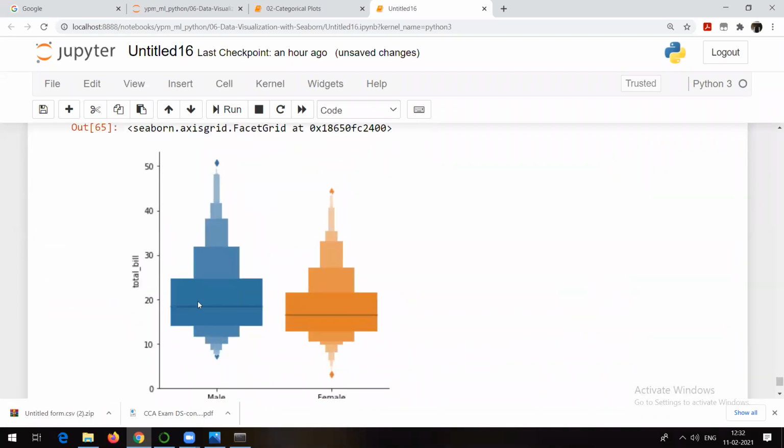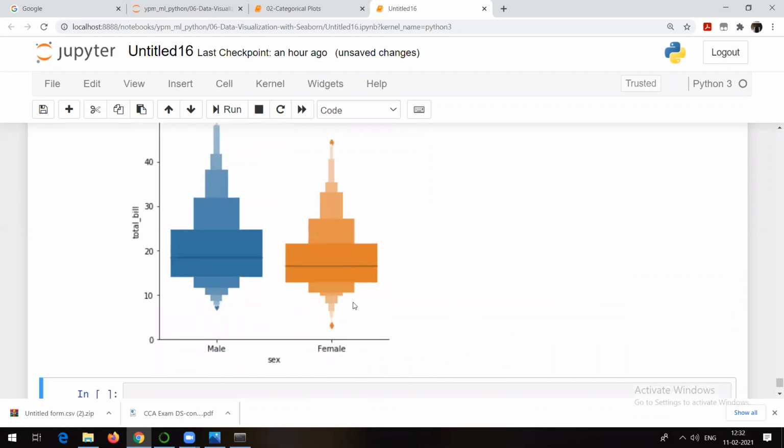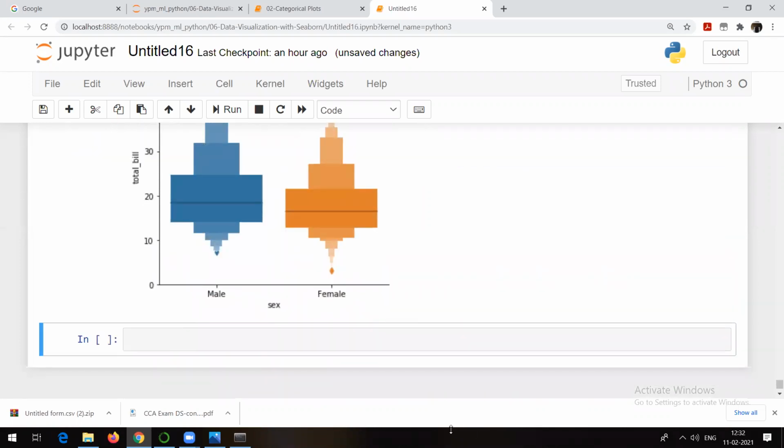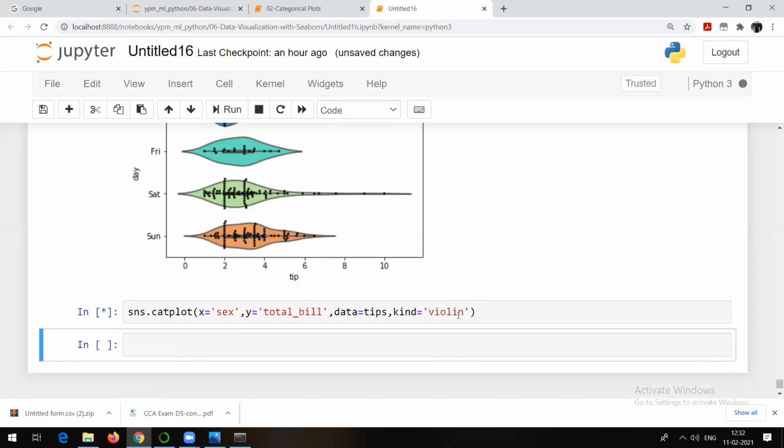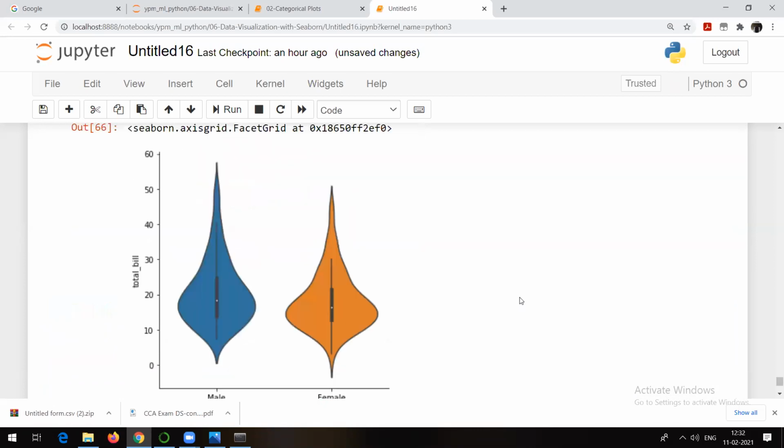Now see, this is also showing you the distribution, where there is more distribution for total bill, and it is telling you on the basis of gender, male and female both. Violin, let me check. Now you can see the violin plot.